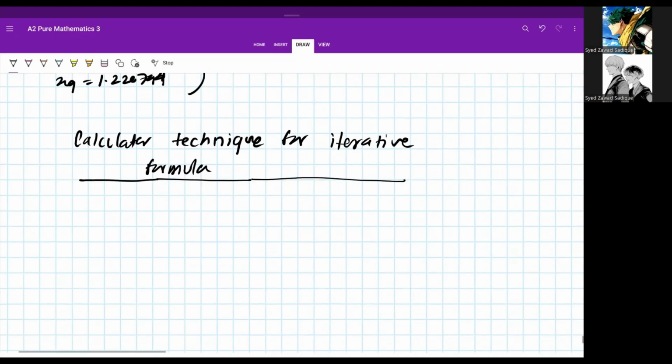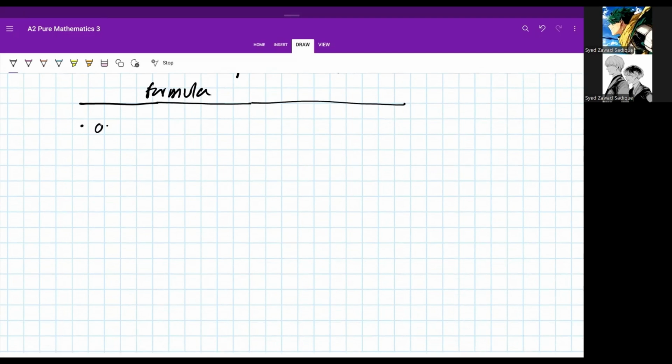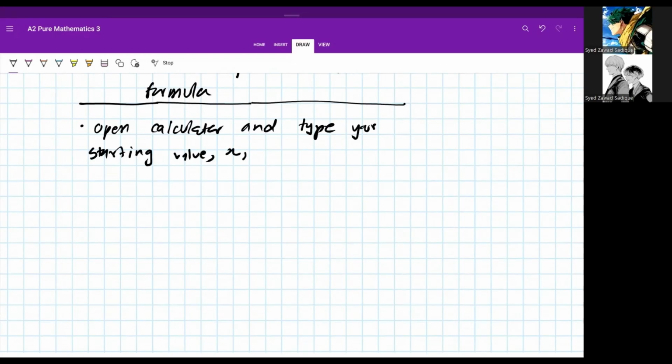So what you do is, first, open the calculator and type your starting value, which is x1. In this case, x1 is equal to 1.5.